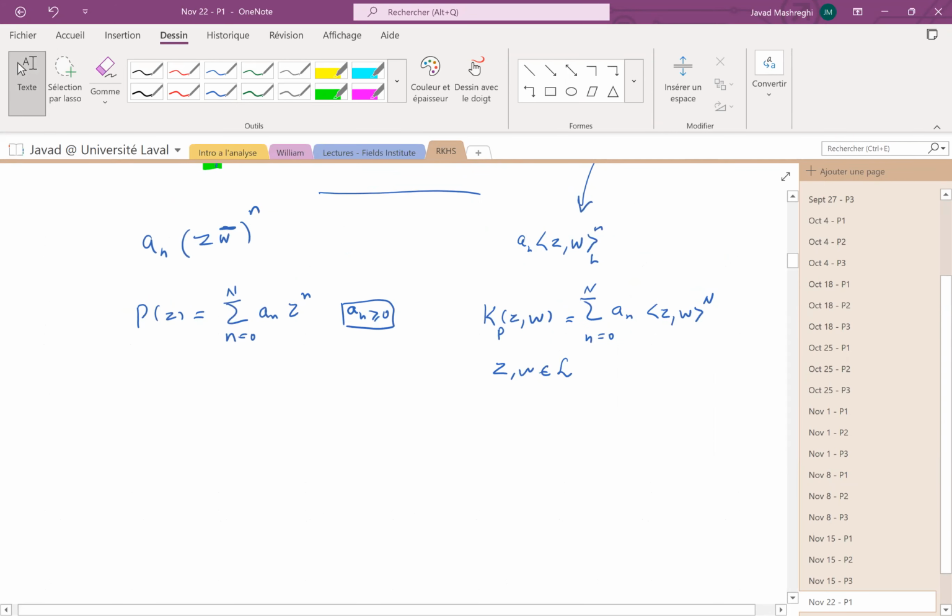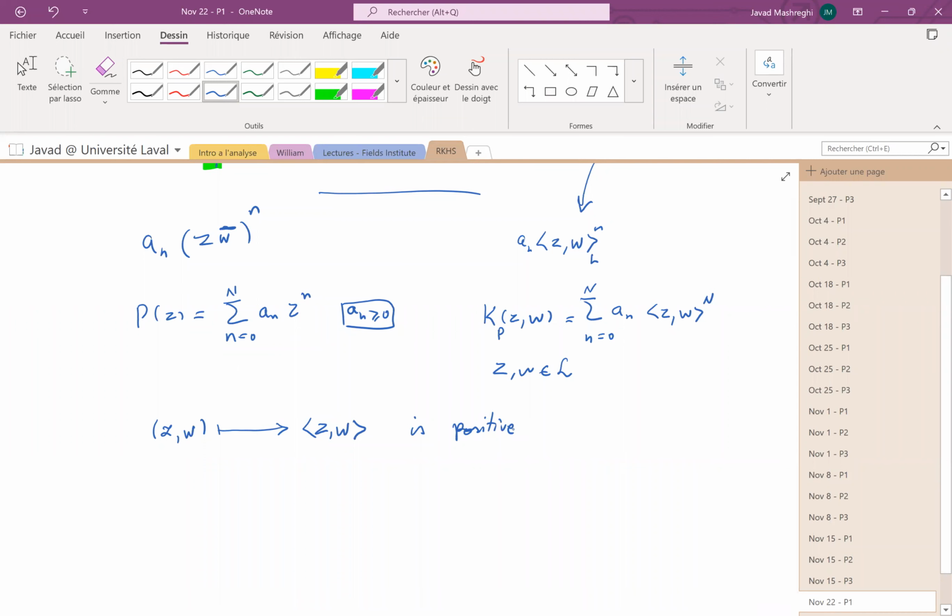we saw before that the mapping, it sends the pair ZW to the inner product of ZW. This is positive. It gives us the Gramian matrix, and the Gramian is positive. We saw this before. And then the Schur product comes.